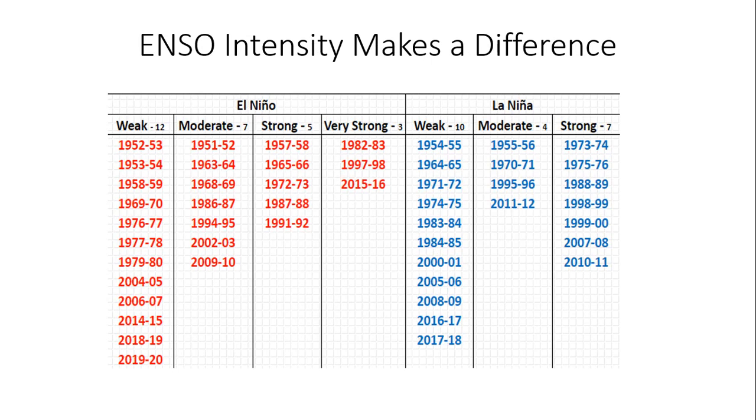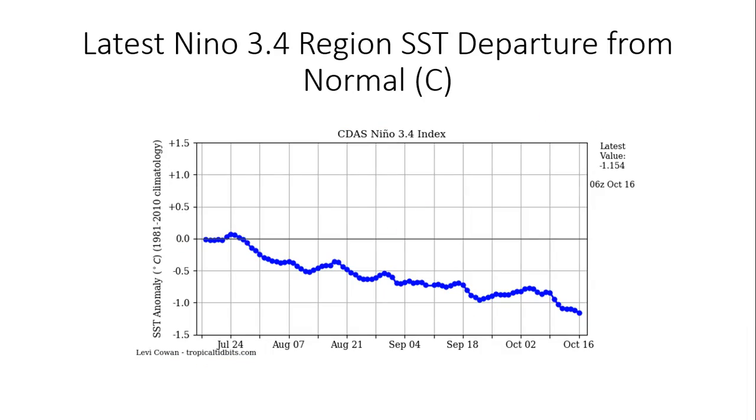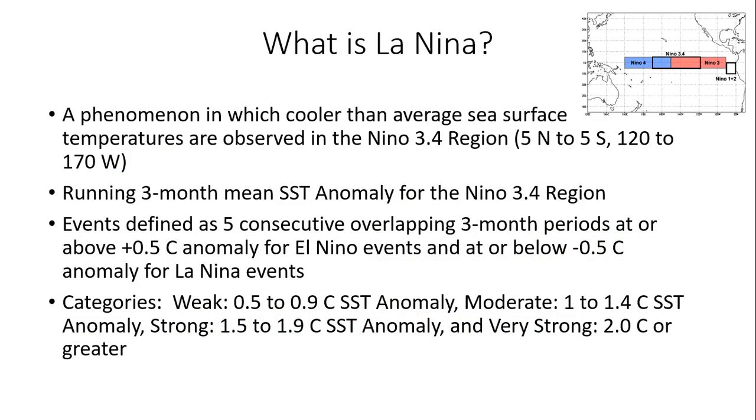Just wanted to do a quick video today on La Ninas. What exactly is La Nina? Again, it's a cooler than average sea surface temperature in this Nino 3.4 region. And the way it's classified is 5 consecutive overlapping 3-month periods at or below 0.5 degrees Celsius for La Nina. And there are your categories once again: weak, moderate, strong, and very strong.